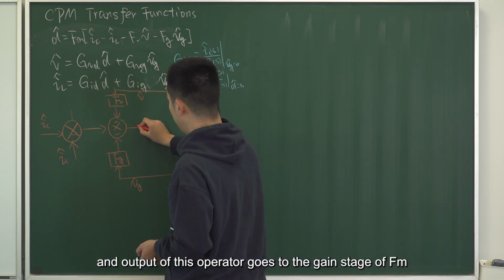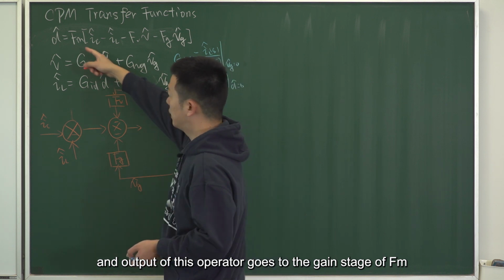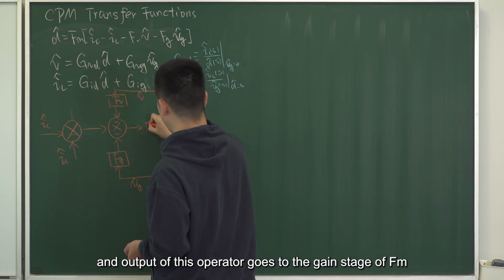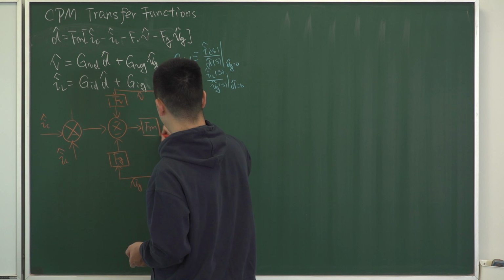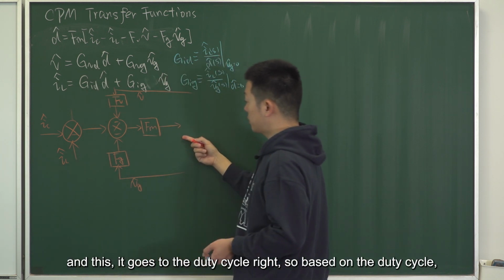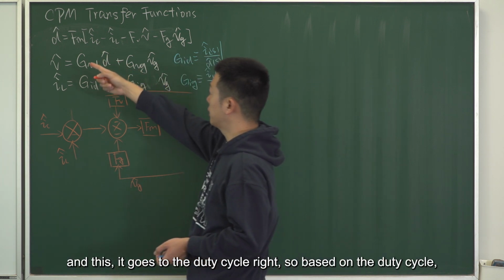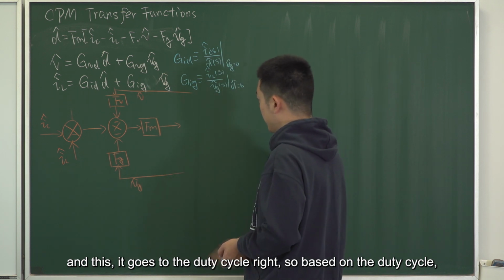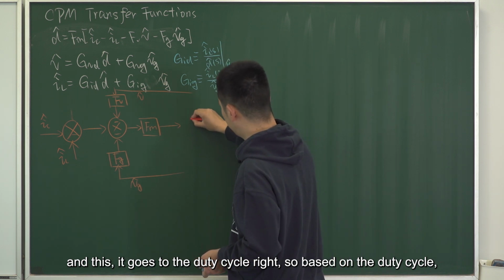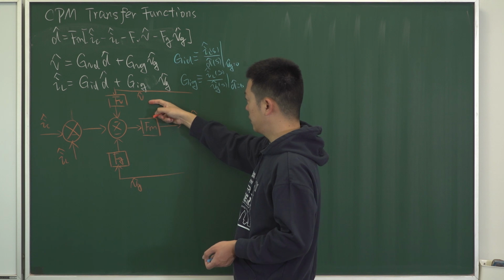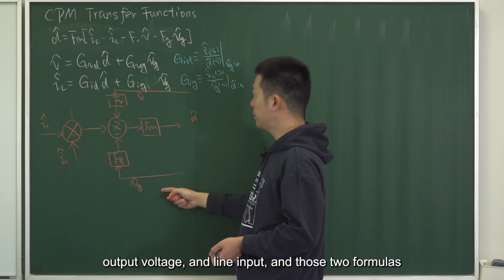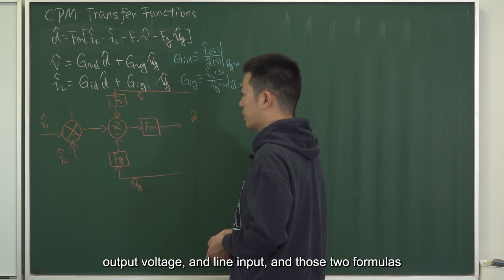The output of this operator goes to the gain stage of Fm, and this gives the duty cycle.